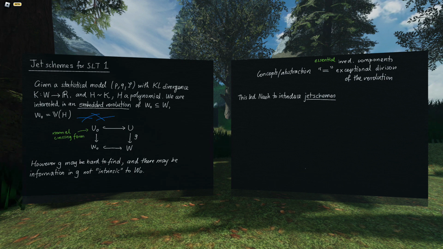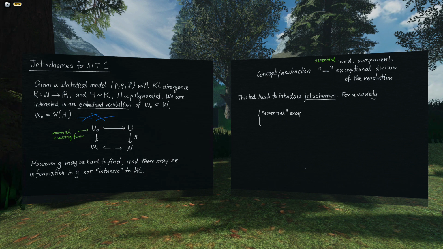And in this connection he introduced jet schemes. So I'll state a theorem of Nash without really explaining all the parts in it, but I hope the content still is clear.